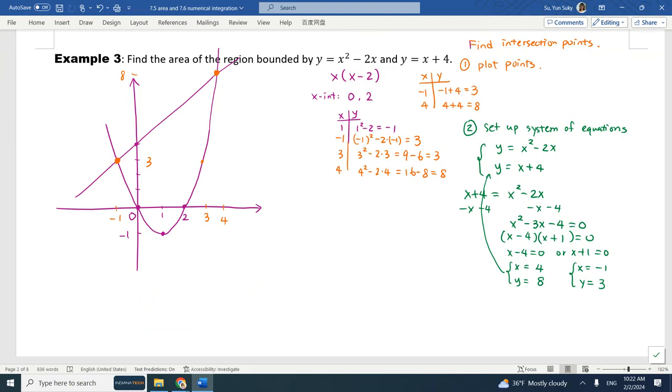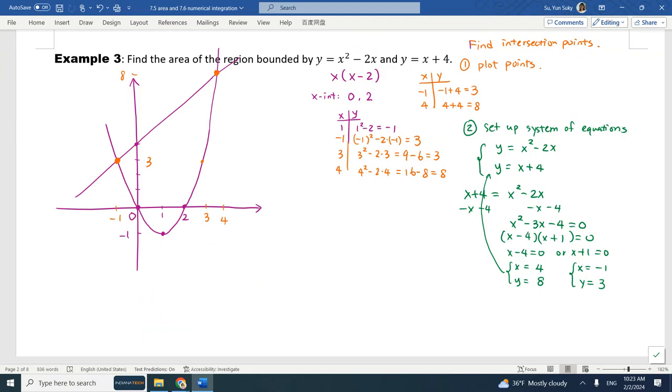Okay? But the difficulty is you need to solve the system of equations. In this case, this is just a quadratic and this is linear, so it's still easy to solve. But what if I give you a degree 4 polynomial? Can you solve it? We don't have a fixed method to solve that.